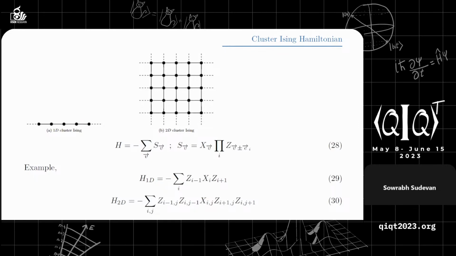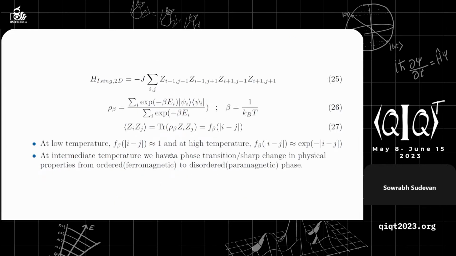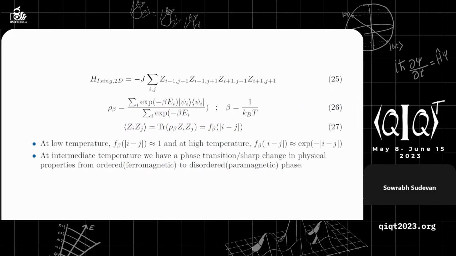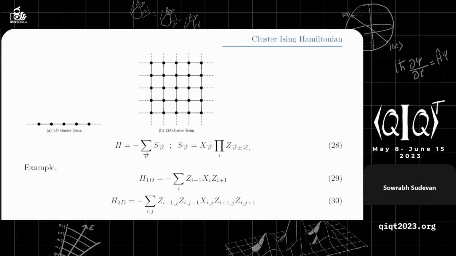Cluster states are similar to, let's say, the Ising model. If I look at this, you've seen equation 24. This is like a 1D Ising model. In the 1D cluster Ising model, you will have three-body interactions, like you see in equation 29 here.